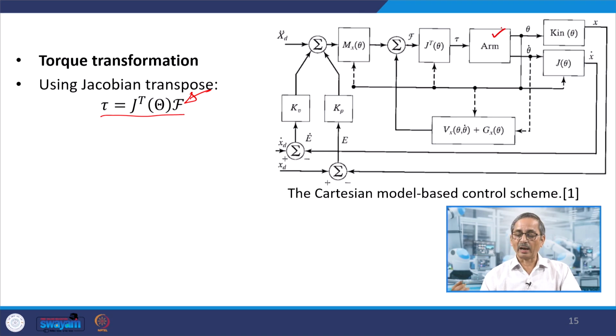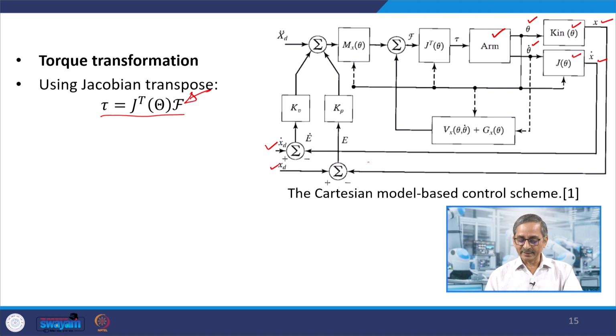So, your Cartesian model based control scheme looks something like this. You have your arm, and you get your θ and θ dot from the sensors. Now, you use the forward kinematic equation here in order to get x, and you use the Jacobian in order to get x dot. Now, you have the desired x d dot and the desired x.